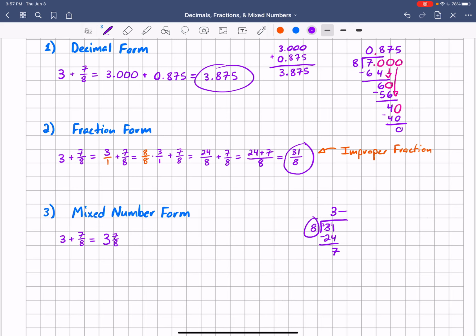We're dividing by 8, so 8 goes on the bottom. And our remainder is 7, so a 7 goes up top. So 31/8 can also be read as 31 divided by 8, and in mixed number form, that is 3 7/8.